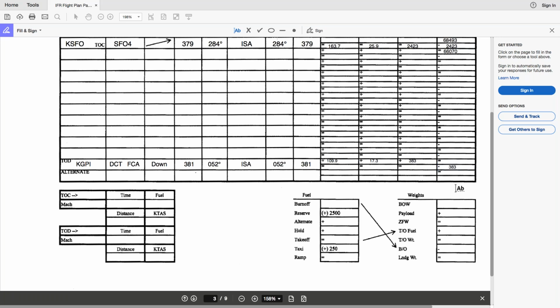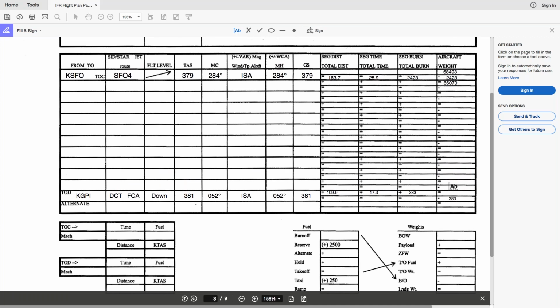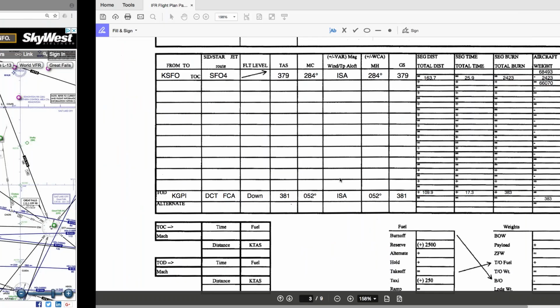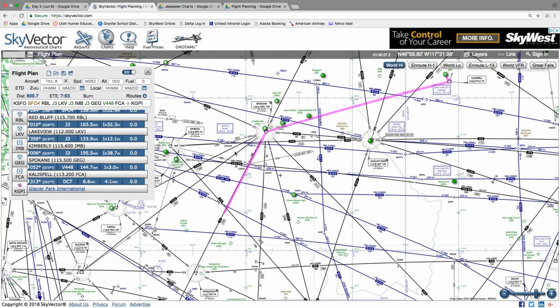Okay. Does everybody's sheet look pretty familiar to that? Or pretty similar to that? Sorry. Okay. Now we get to start planning legs. We know where the top of descent is. We know where the top of climb is. And so we need to go define those on the map and then create the legs, right? Okay.